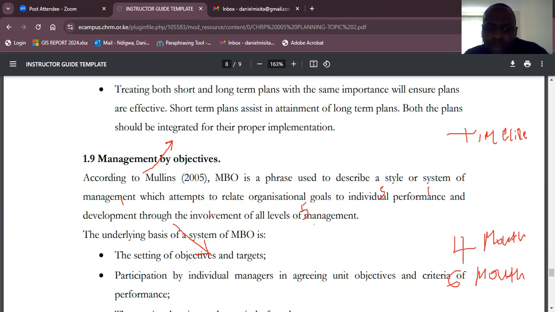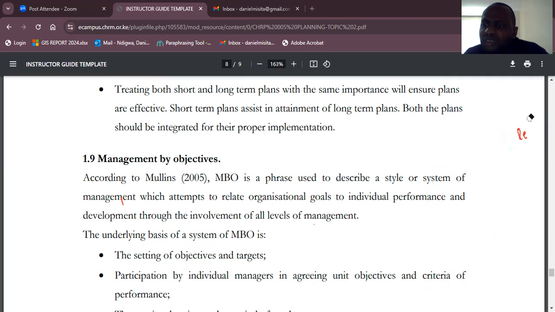And remember, earlier we talked about the various levels of management. One was the strategic level, where the top managers or executives are. The second was the business level, the tactical level, where most policies are implemented or shared down to the operational level management, who actualize the policies that have been made.